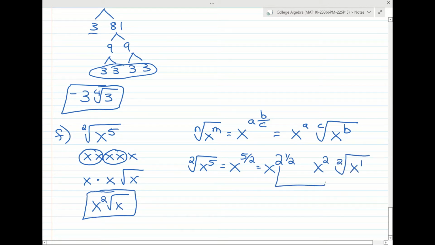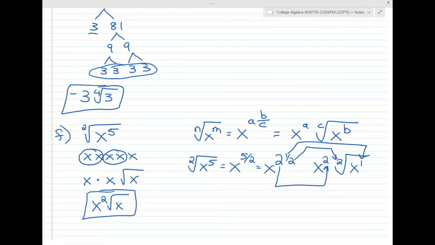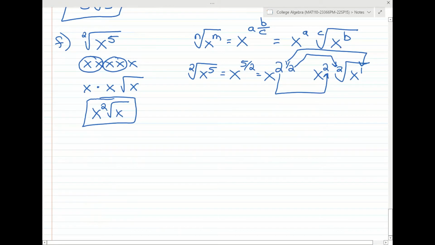This 2 goes here, this 2 goes here, and this 1 goes here. You don't have to do that. It's one extra thing to remember, but that would be useful if you had like the square root of x to the 50th. Right? Are you really going to sit there and draw 50 x's? I'm not going to put that on the test, but I do want to show you alternative ways in case anybody prefers one over the other.